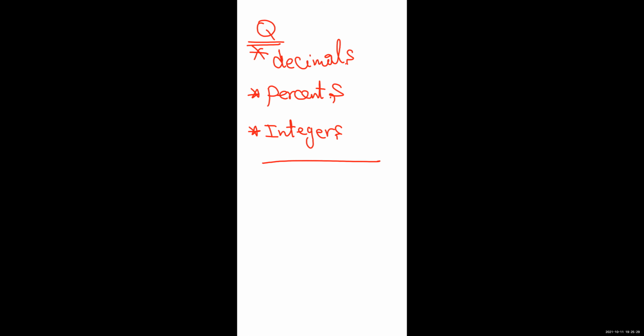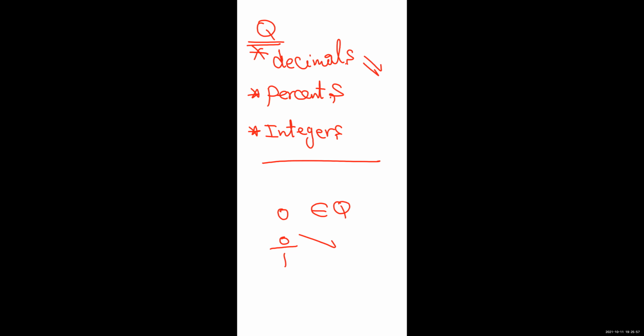Second, why did you say except 0? Actually, 0 is a rational number because it's 0 over 1, right? But 0 does not mean 0 over 0, it's 0 over 1, okay?